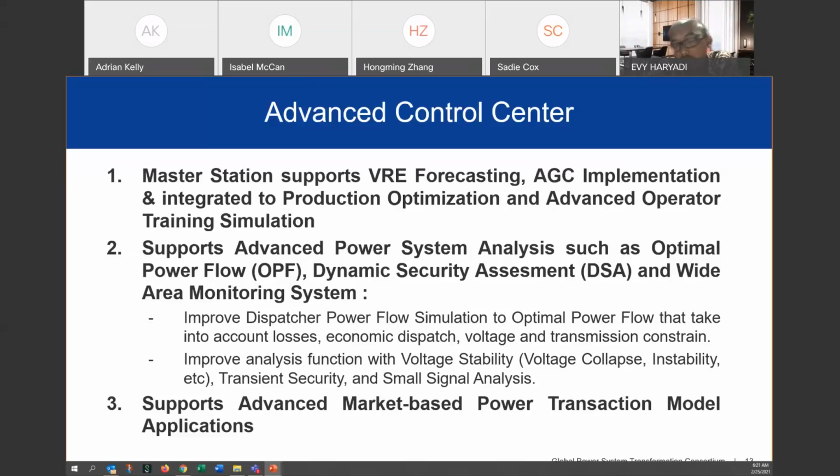Now we only use static tools for our dispatcher. We don't have dynamic security assessment in our system. And we also have some wide area monitoring system, but it is still not integrated with our system now. We also want to integrate all of this in our system.